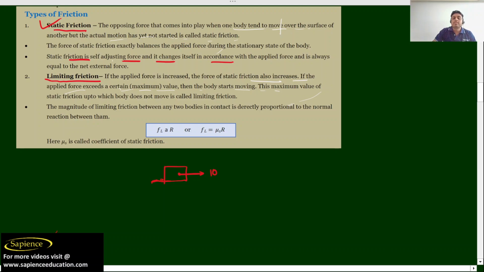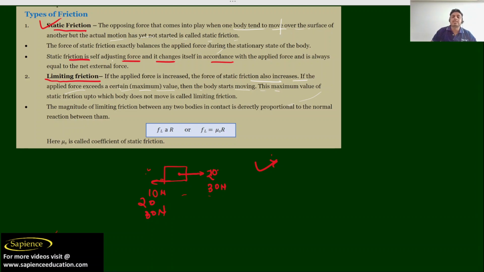So the friction force being applied is also 10 Newton. If I apply 20 Newton, the friction force will also be 20 Newton. If I increase to 30 Newton, it will also increase to 30 Newton. The force being applied is equal to the friction force, so the body does not move. And this is called self-adjusting force, because the friction force automatically adjusts itself.